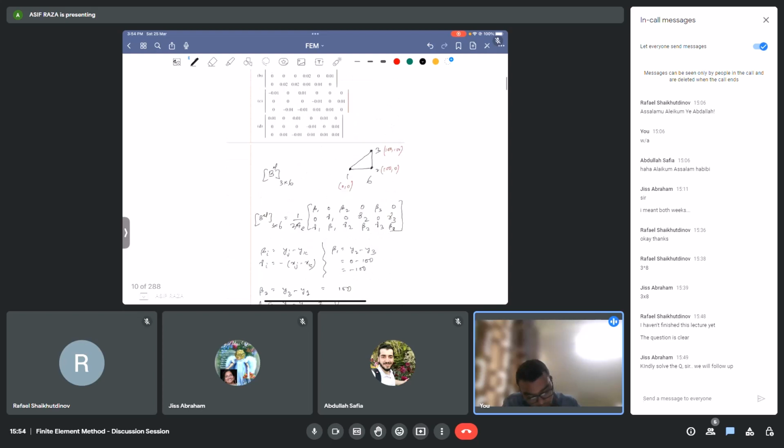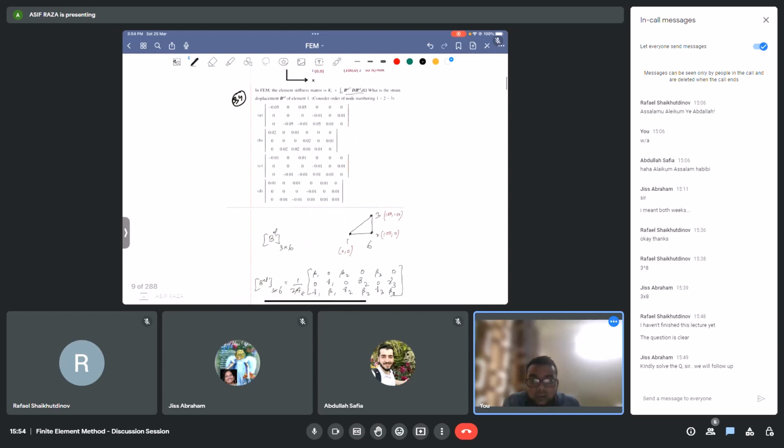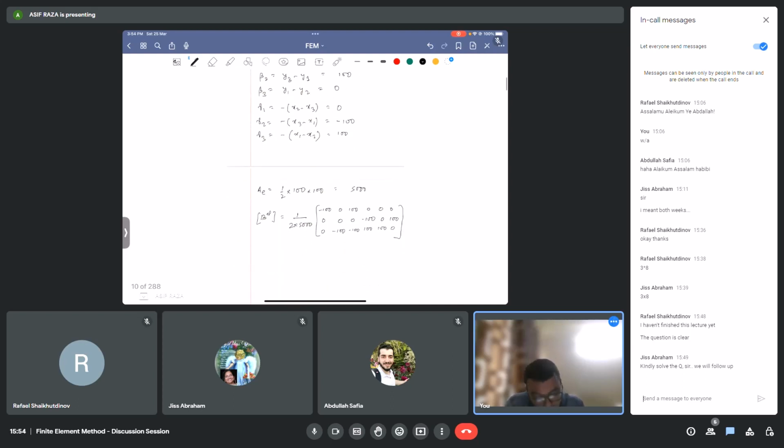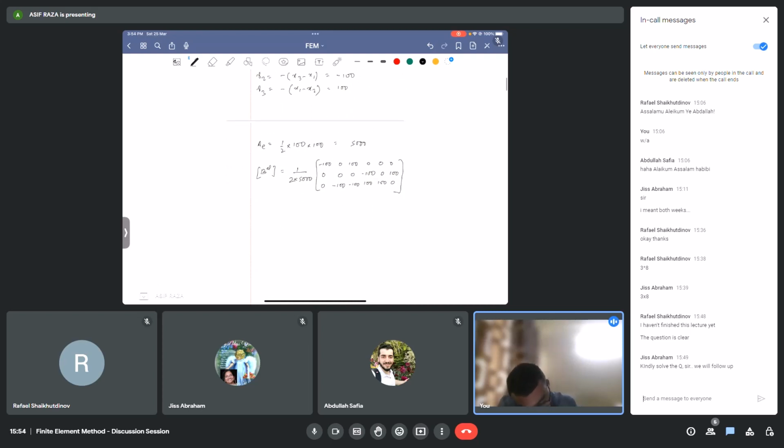Did I make any mistake? No, it's fine. So this can be simplified further. 2 times 5000 is 10 to the power 4 in the denominator, so everywhere dividing by 10 to the power 4 gives me the entries 0 0 0 0 0 0, minus 0.01, 0, 0.01, 0, minus 0.01, minus 0.01, 0.01, 0.01, 0.